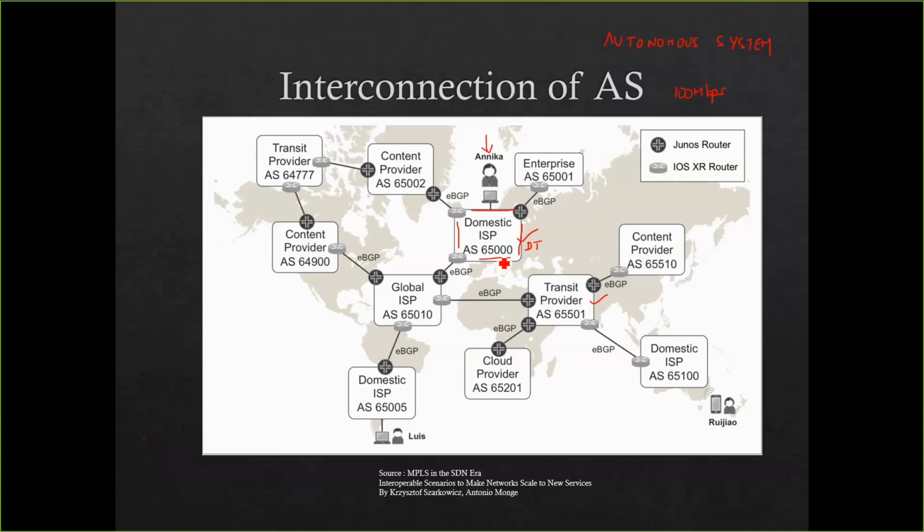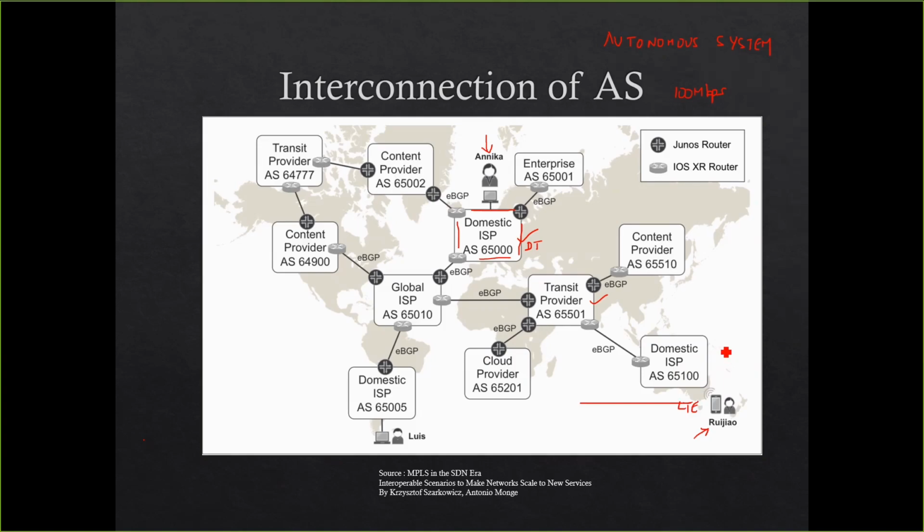Okay. And Deutsche Telekom is a regional player, right? It's there only in Germany, probably in Eastern Europe, and a little bit in the US, but it's definitely not there in Australia. For example, this customer, Rui Jiao, probably she's having an LTE wireless connection to her domestic ISP.